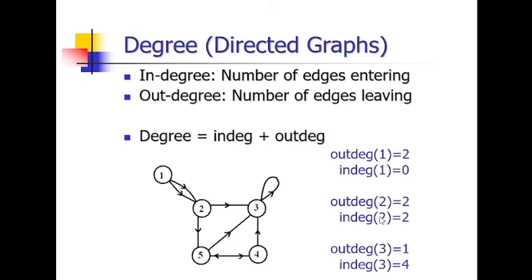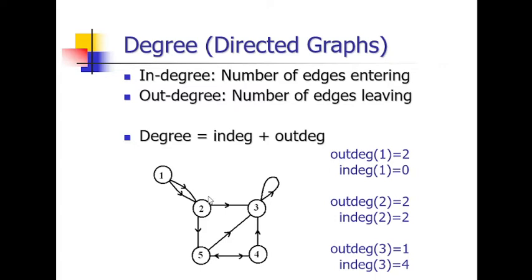Next, in a directed graph, it is important that you consider in-degree and out-degree. What is in-degree? The number of edges which are entering that particular node. And what is out-degree? It is the number of edges which are leaving the node. So the total degree would be in-degree plus out-degree.